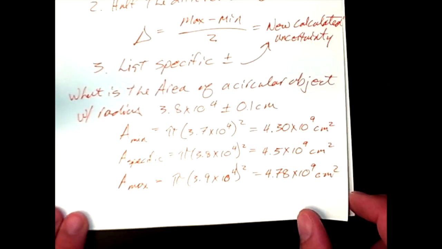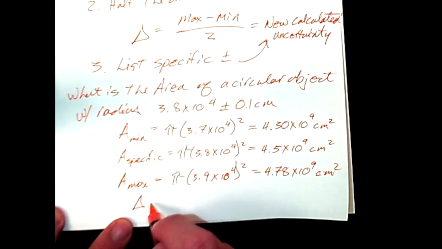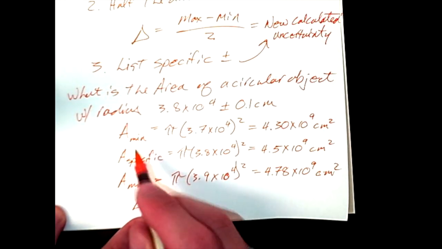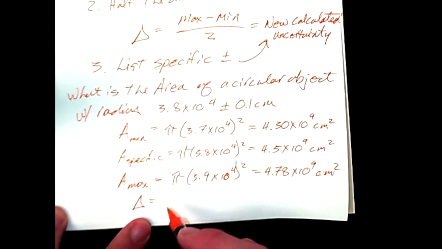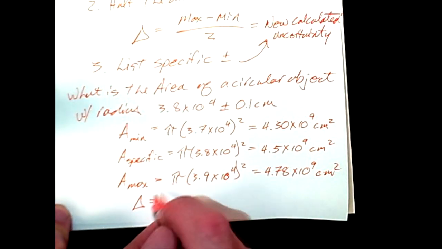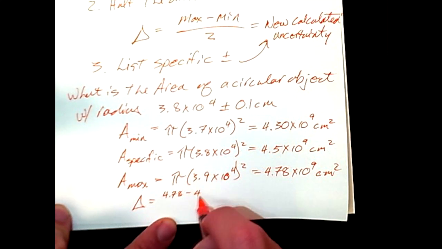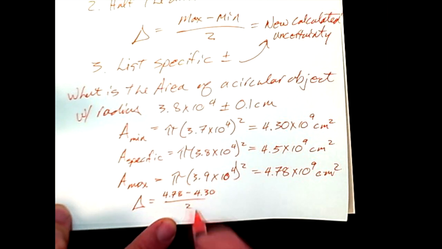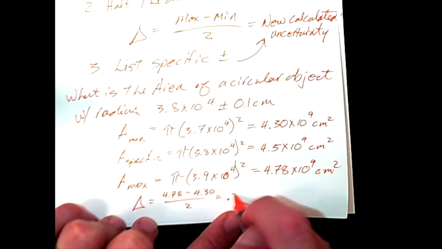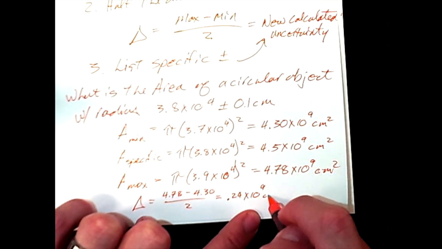So when I move on to the delta calculation, I'm going to take the maximum value of the area, A max minus A min, divided by 2 in order to get the uncertainty that I have for my new calculation. So if I do that, I have 4.78 minus 4.30 divided by 2, and I get a value of approximately 0.24 times 10 to the ninth centimeter squared.